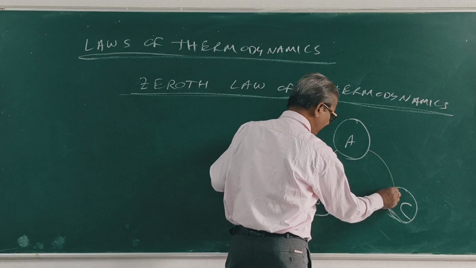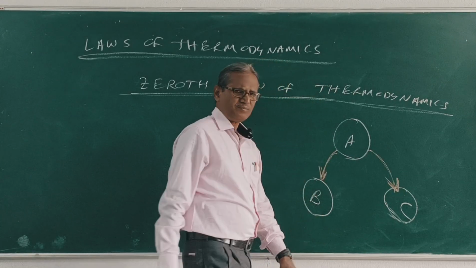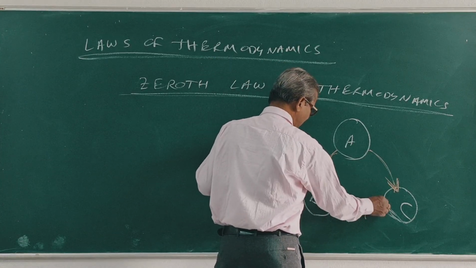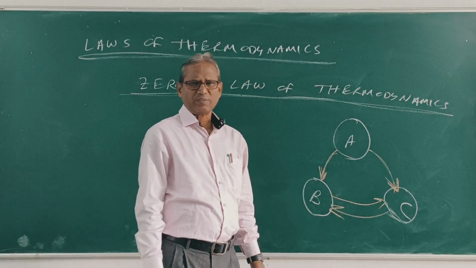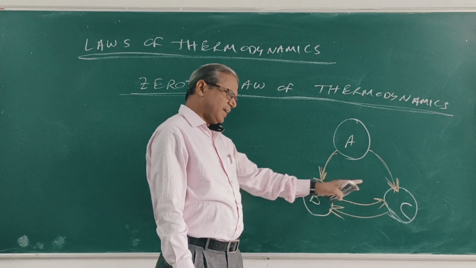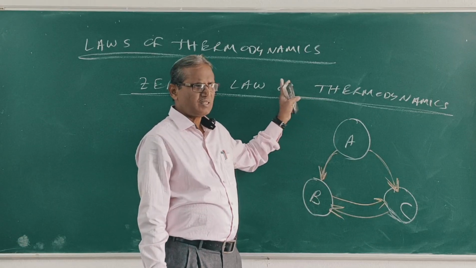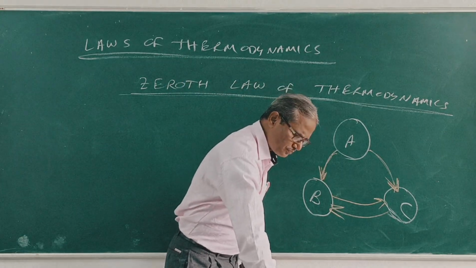And also body A is at equal temperature with body C. Then both B and C are in thermal equilibrium with each other. That is, B and C are at equal temperature with each other. This is the zeroth law of thermodynamics. Clear?